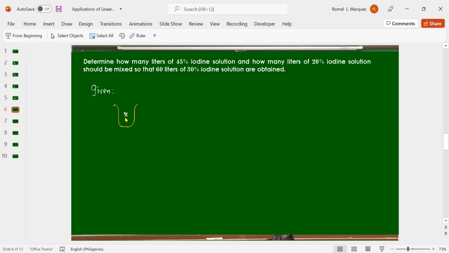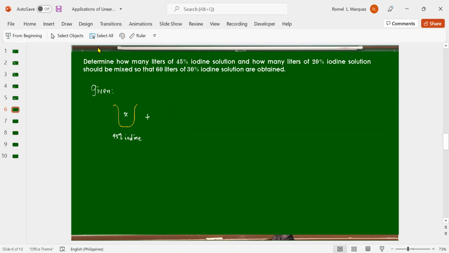So this is X. So this is 45% iodine. What we are balancing is iodine. And how many liters of 20% iodine solution should be mixed?